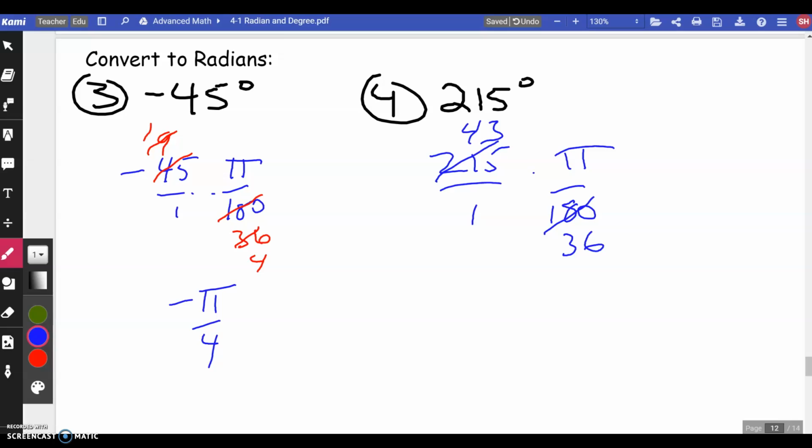I think that's right. Yep. Can anything else go into that? Well, let's see. 36 is even. It doesn't go into 43 because that's odd. 3. Well, 3 doesn't go into that. 4. No. 9. No. And actually, if we think about it, 43 is prime. Nothing goes into it. So that just stays as a big, ugly fraction.